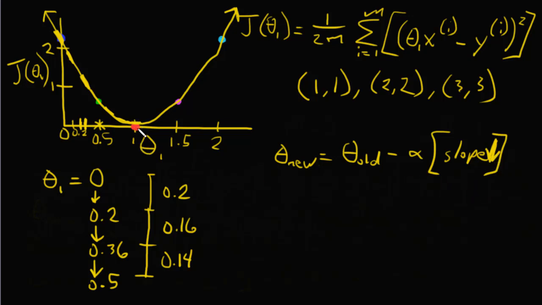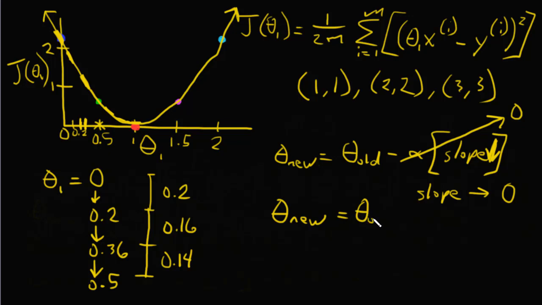And as I get really close to this minimum, and then finally almost touch the minimum, you can say that the slope of this is going to be approaching 0. And when the slope is 0, this whole term is going to be 0. So I'm going to wind up with the condition theta new equals theta old.